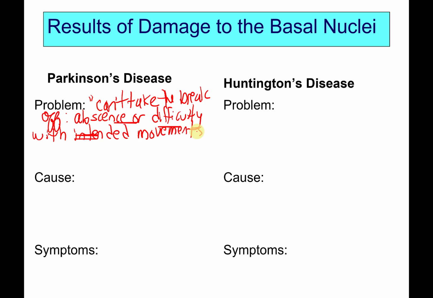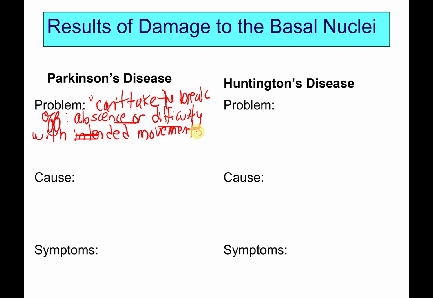Okay, so again, there's damage to the basal nuclei such that people have trouble taking the brake off. That's one way to think about it. Now the reason for this, if we could look down to the cellular level, is that it's not the basal nuclei that are being damaged, but the neurons that synapse with them. So it's the connecting neurons.